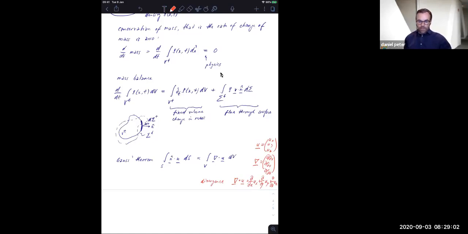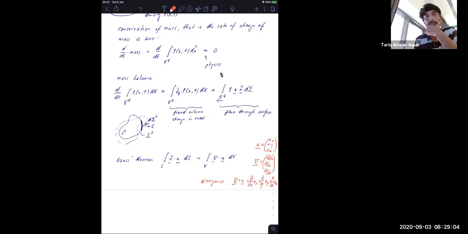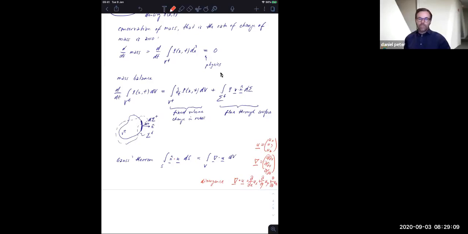Good. So here as well, you have the dot between two vectors. Again, it's the dot product between two vectors. And because of all this, there's a new notation, the divergence, how we write it this way.